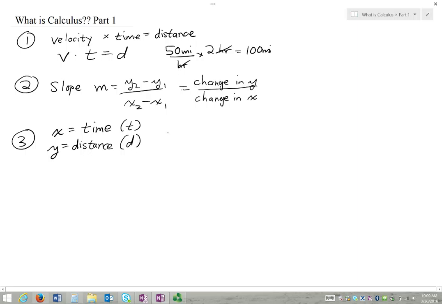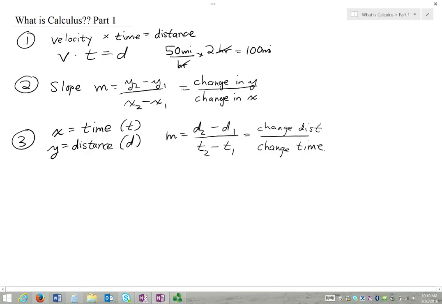So we have d2 minus d1 over t2 minus t1. And so what we have is a change in distance over a change in time.